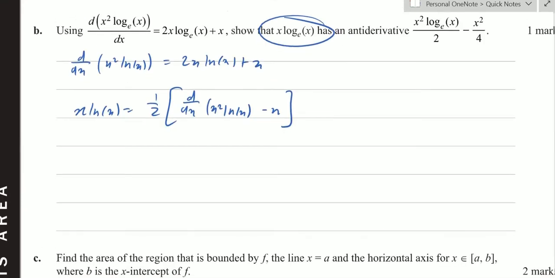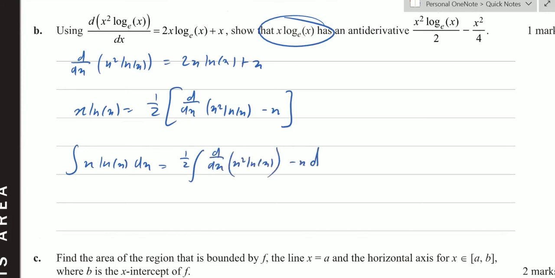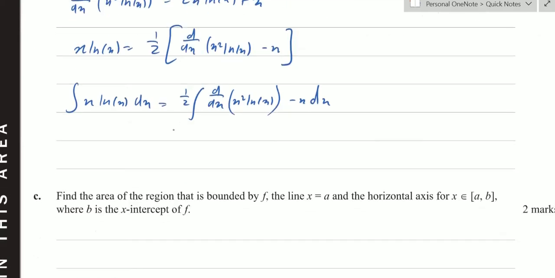And now we want its antiderivative, so we're going to introduce the integral on both sides. We can take out half as a coefficient, so the integral of d/dx of x squared ln x minus x. And this is like the canceling out of the integral and the differentiation part, so we get back our original expression.